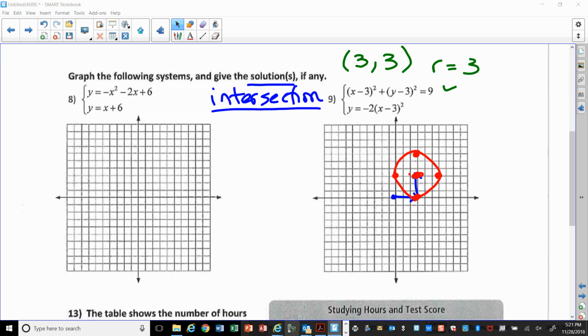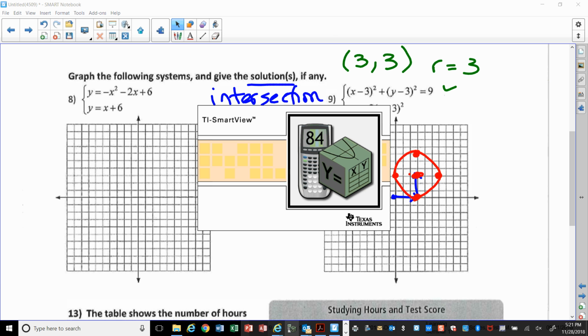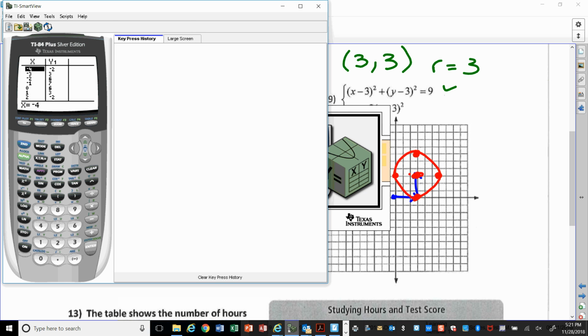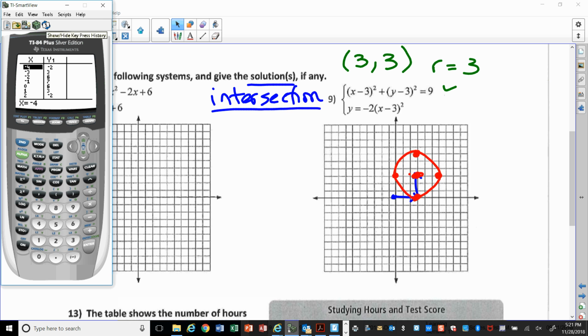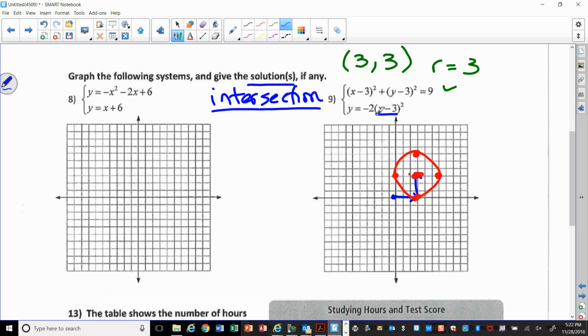All right, so I go y equals, and I've got a negative 2, and then x minus 3, and then that is squared. Okay, that's vertex form, so I can see that the vertex, this was a shift to the right 3, 1, 2, 3, and then I know it's going down, and instead of over 1 and down 1, it's going to go over 1 and down 2.